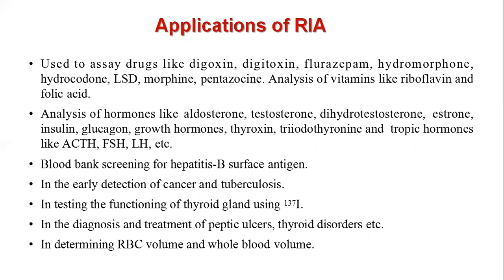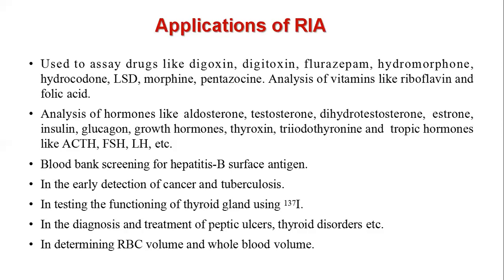Also analysis of hormones like aldosterone, testosterone, etc. can be assessed. Blood bank screening for hepatitis B surface antigen, even if it is present in very trace amounts, can also be assessed. So in the blood bank it can be used.